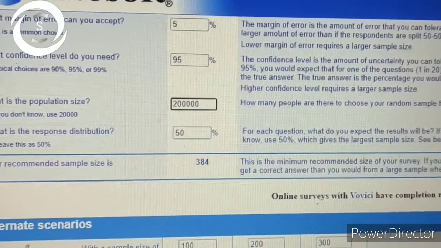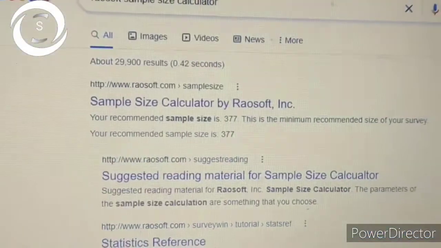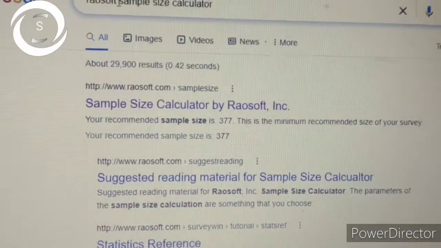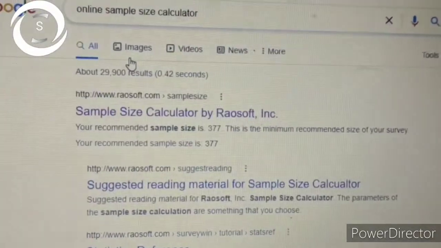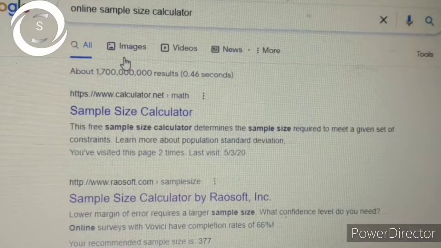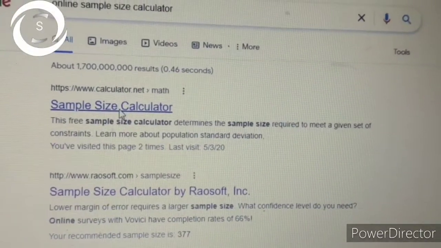Now let's go to another online calculator. Online sample size calculators, sample size calculator.